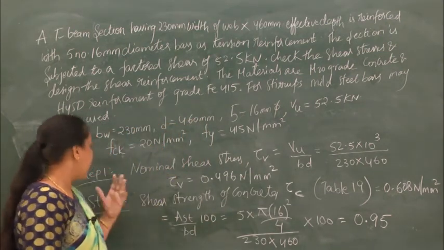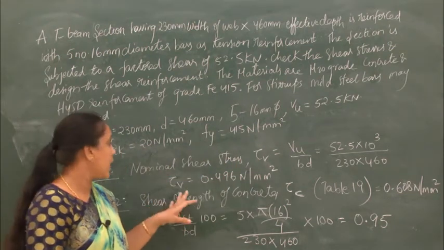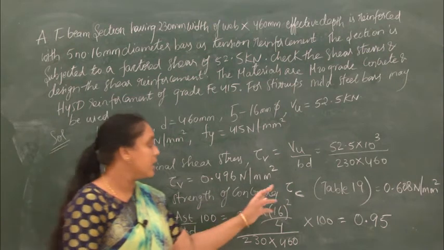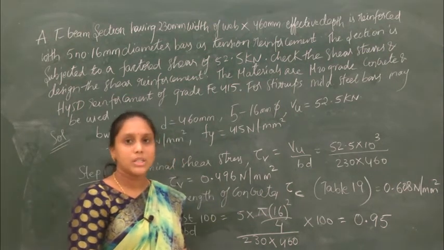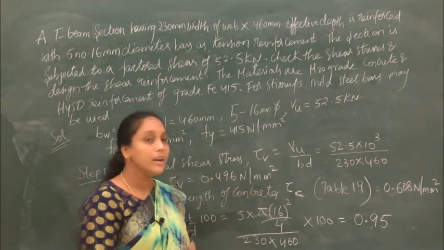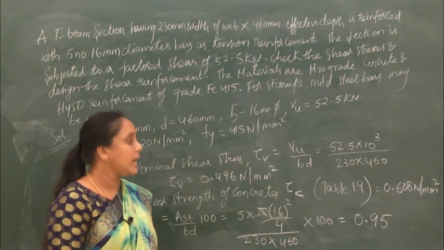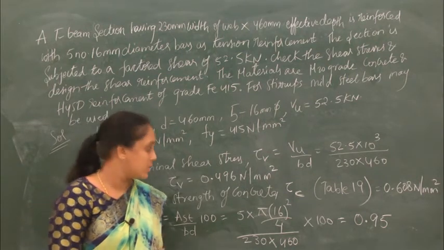Now we know the tau v value, that is the nominal shear stress, and the shear strength of the concrete, tau c. So now what is the next thing we have to do? We have to compare the tau v and tau c values.